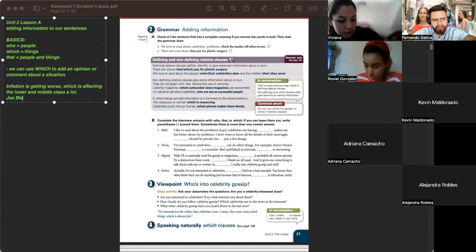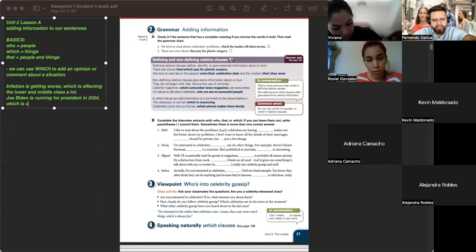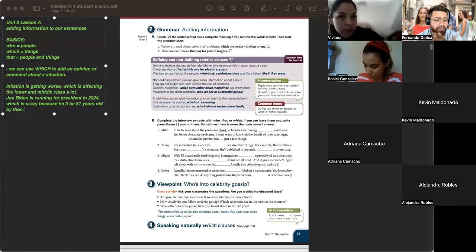Joe Biden is running for president in 2024, which is crazy because he'll be 81 years old by then. That's an opinion.